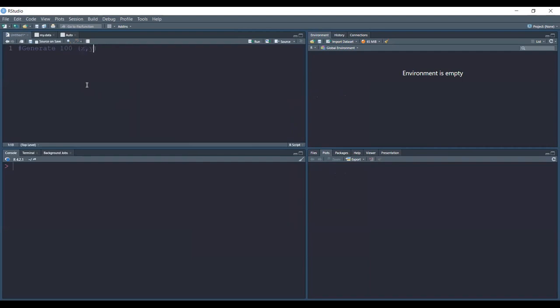This is simple linear regression where we're taking a single input variable. Generate 100 x comma y observations, and this is synthetic data.